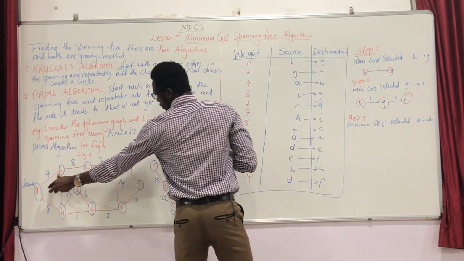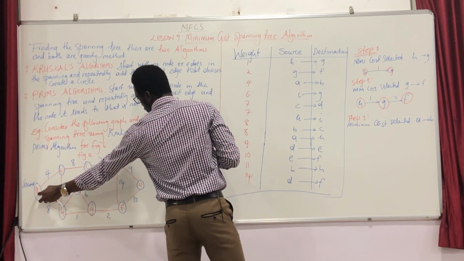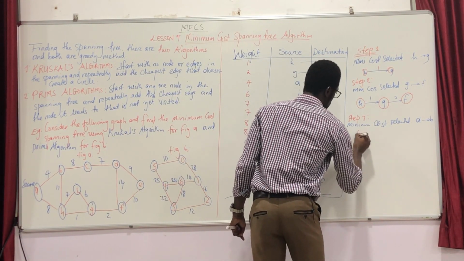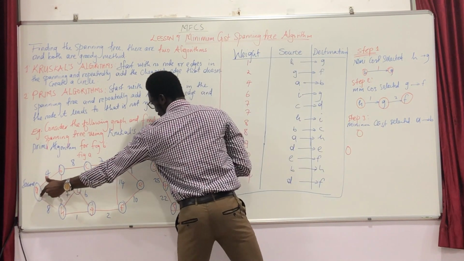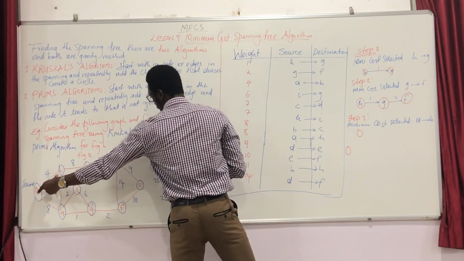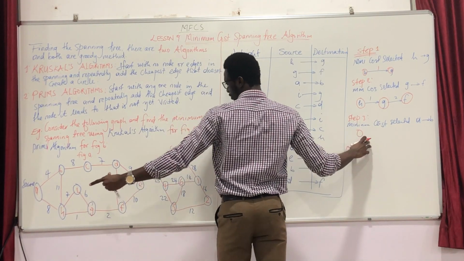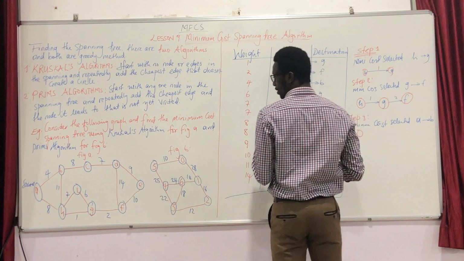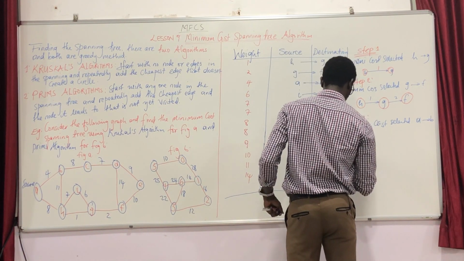So A to B, we'll remove A to B from the diagram, which is A to B is around here. As you can see from the diagram, the position of this node in the diagram is here at the left part of the diagram. So we'll say here A to B, which is 4.